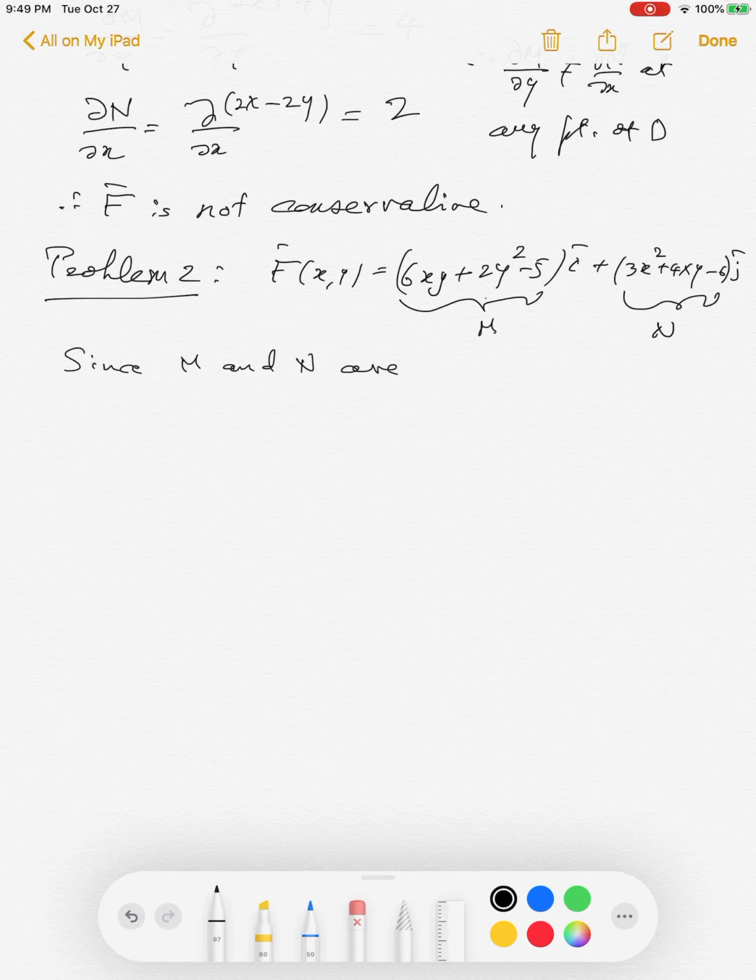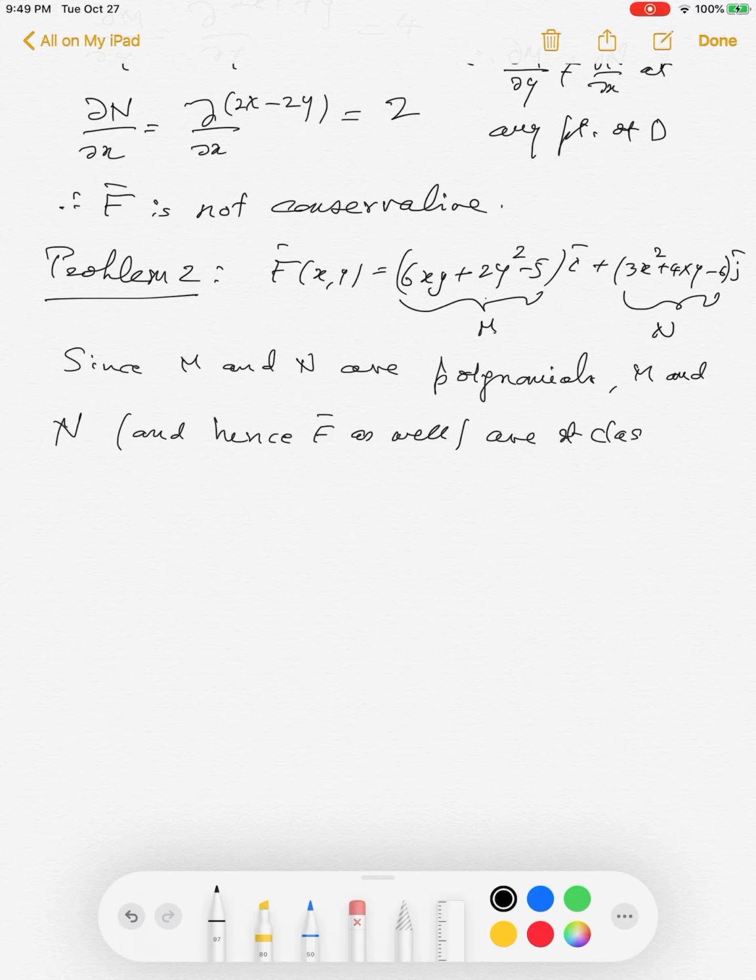When you apply a certain theorem, you have to verify that the hypothesis holds. So notice that the domain of F bar is all of R2, which has no holes, and your functions M and N are of class C1. Since M and N are polynomials, M and N, and hence F as well, are of class C1. Domain of F is R2.